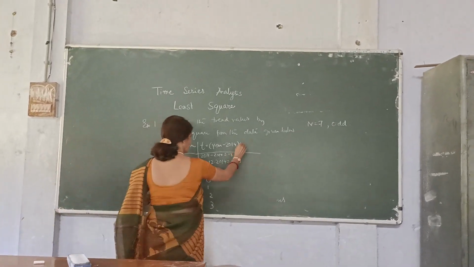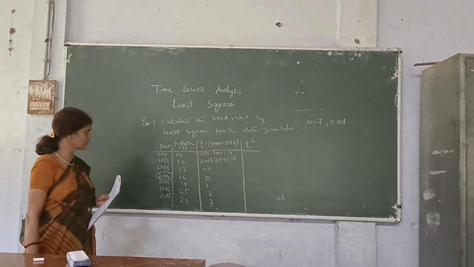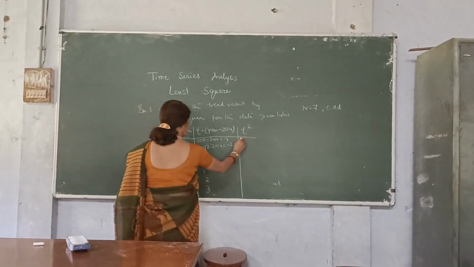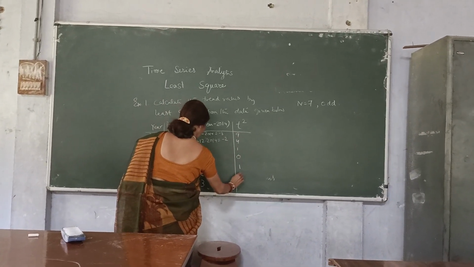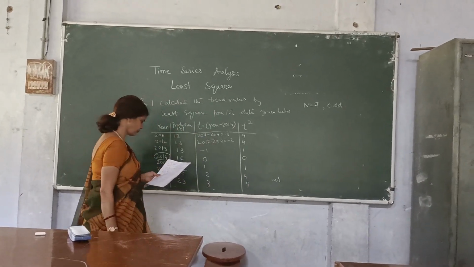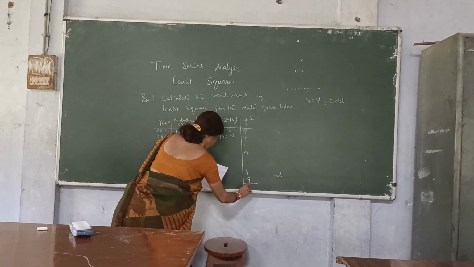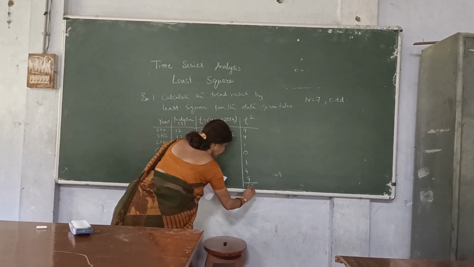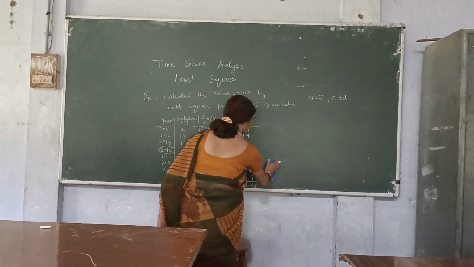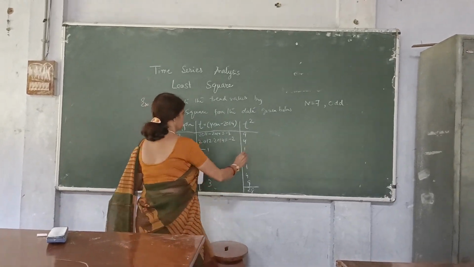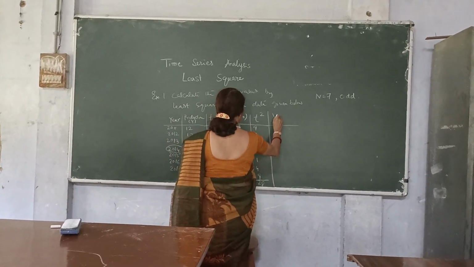Next one is T square. So it is 9, 4, 1, 0, 1, 4, 9. Now you sum up this T square. So it is 28. Next, y into t.